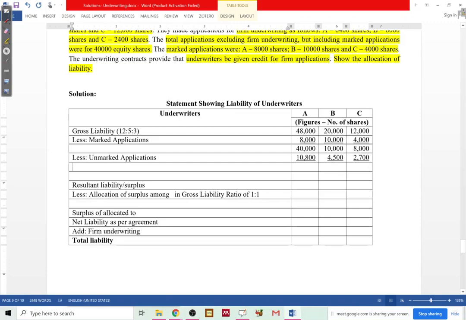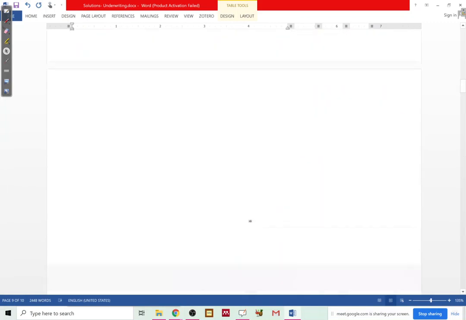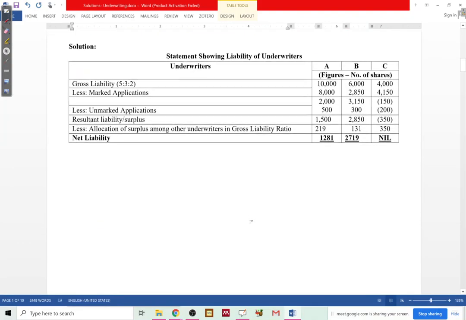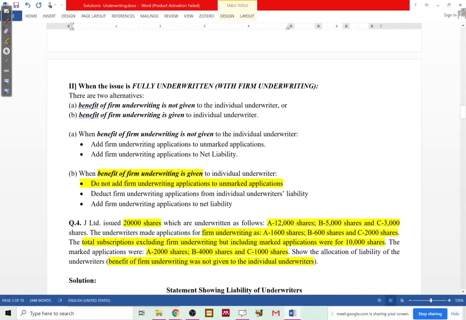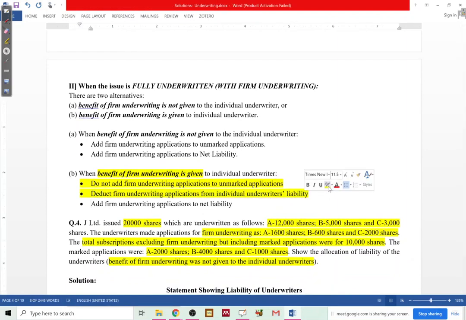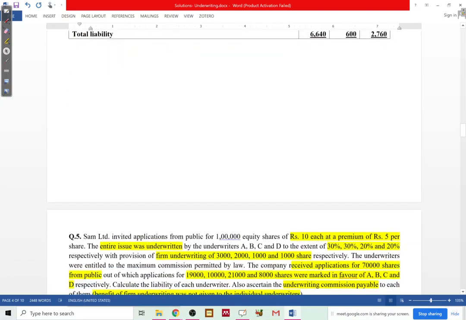When firm underwriting benefit is given, we have to do this next step. What does it say? If benefit is given, deduct firm underwriting applications from individual underwriters' liability. This new step we have to do. We did add firm underwriting to unmarked applications, am I right? But we need to separately deduct each person's firm underwriting from their liability.